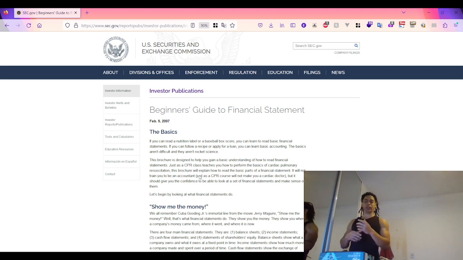And if you know how to apply for a loan or follow a recipe, you can learn the basics of accounting, and the basics are not difficult.